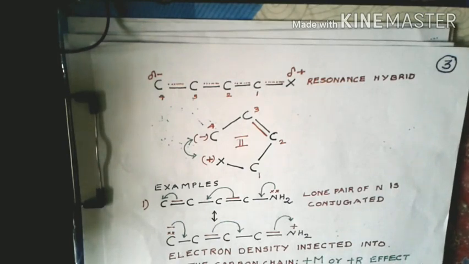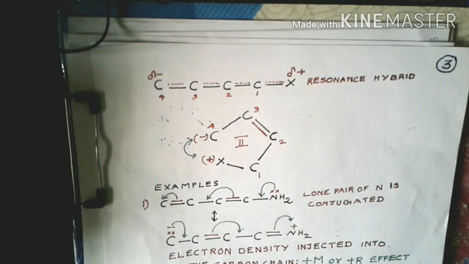Now, whenever electron density is flowing from the group X to the conjugated system, we say electron density is injected into the conjugated carbon chain. Injection means you give something to the system.